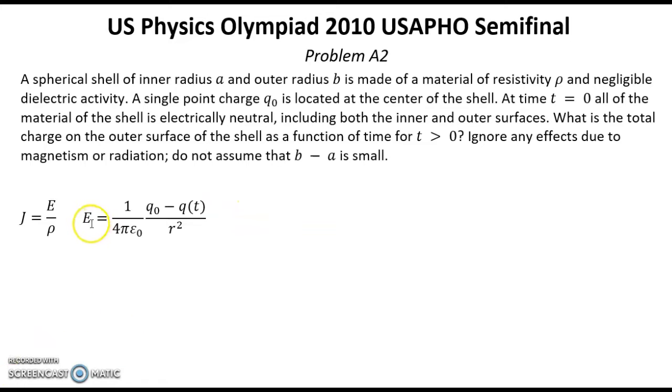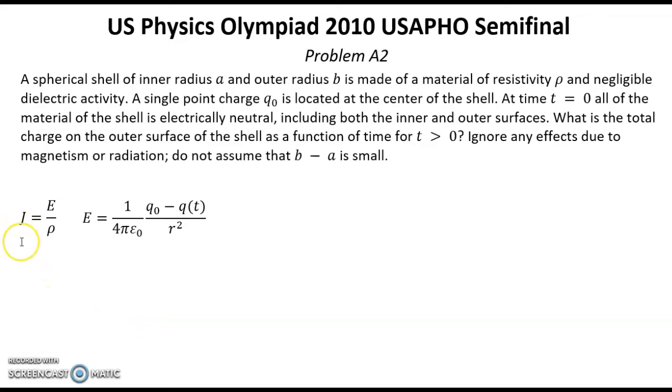So for electric field we have this equation that total electric field equal 1 over 4 pi epsilon 0 multiplied by total charge inside of this sphere, which is Q0 minus Q, where Q is charge on internal surface, and divided by R square.